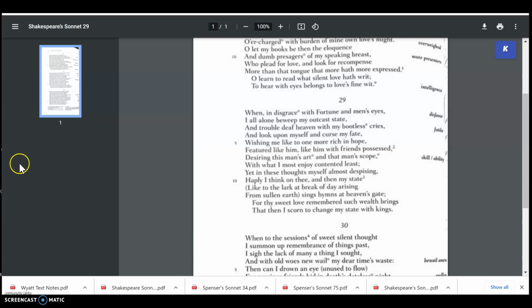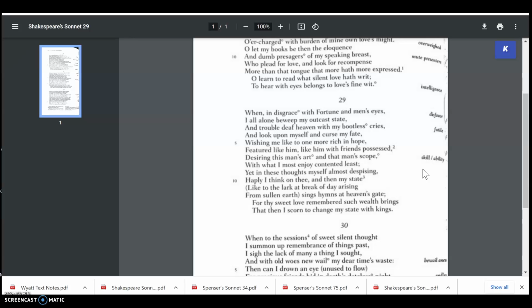So interestingly enough, each line is written in iambic pentameter, which basically means that you have 10 syllables per line. Every line has 10 syllables. And Shakespeare wrote everything in iambic pentameter. His plays, everything. Each pair of syllables is called an iamb, which means that the first syllable is unstressed.